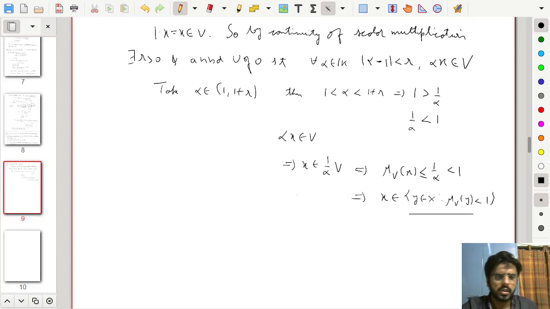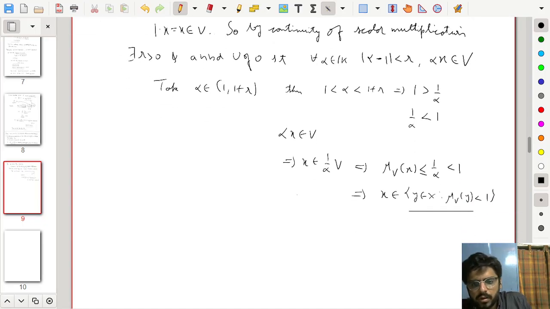Okay. Now, if mu V of x is strictly less than 1, this implies x belongs to V, right? Why is this true?